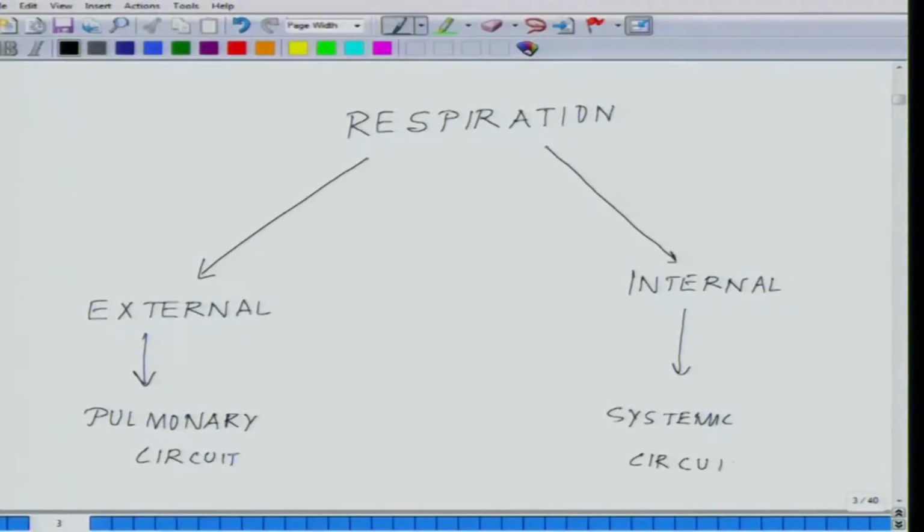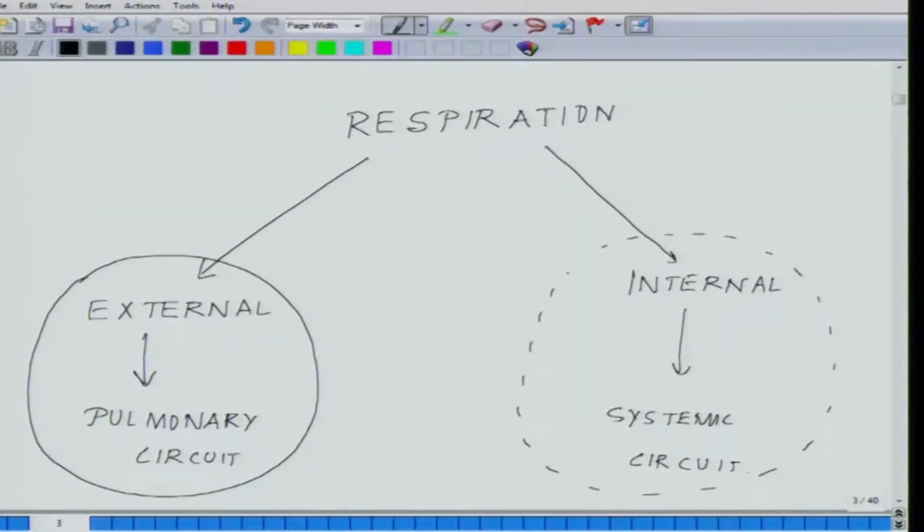These are the two classifications of respiration. So, we are done with this part, we have talked about this aspect. Now, I will talk about the internal systemic circulation, what is exactly happening, in the next slide. Okay. Let's move on to the next slide.